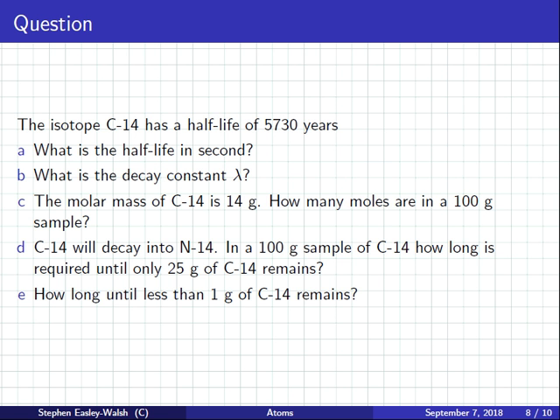So, for example, if you find an old book, what's a book made of? Paper. And where does paper come from? Tree. So a book is a dead tree. If the carbon-14 in it is half of what it should be, then you know the book is 5,700 years old. That's carbon dating.